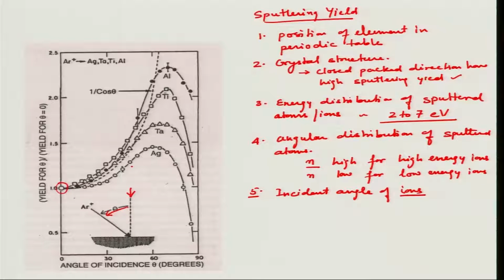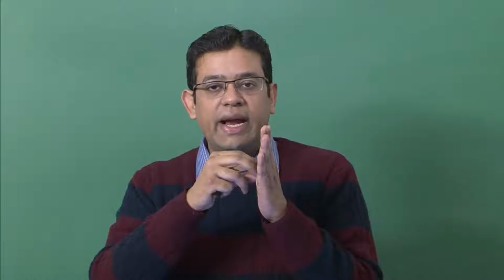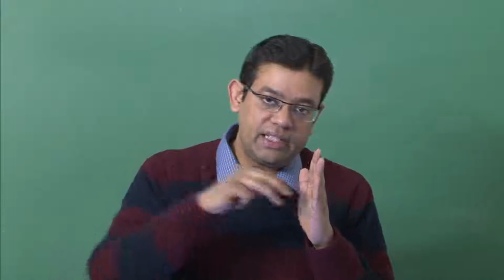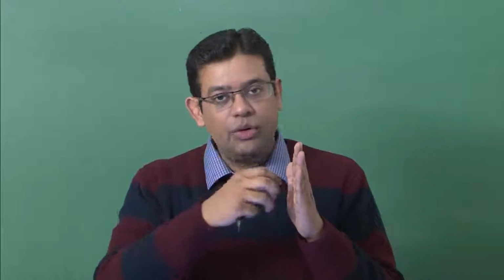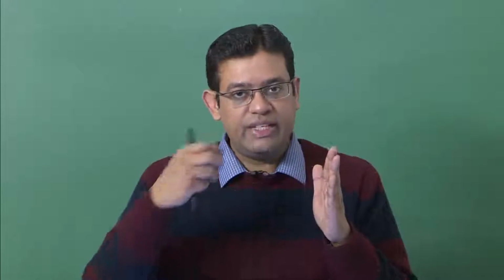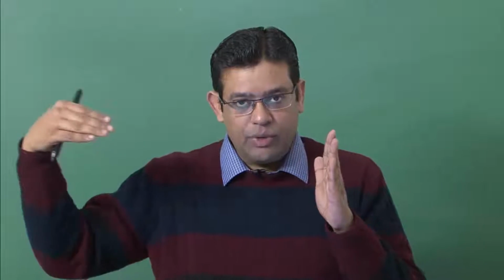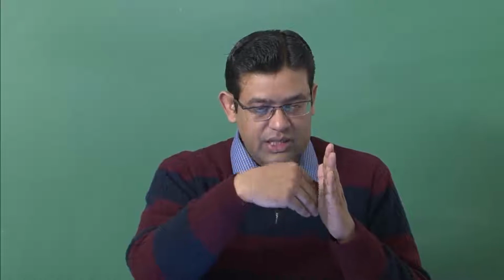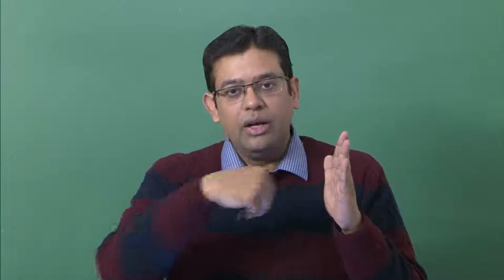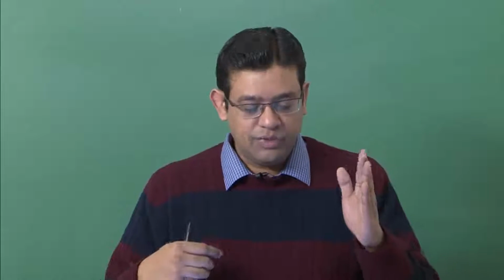Now, it should be evident that if an ion is coming straight at the target, it will try to push the atoms of the material deep inside and will not be able to remove these atoms from the surface. If the ion is approaching at an angle, then it will just transfer its energy and will be able to knock out the atoms from the surface.